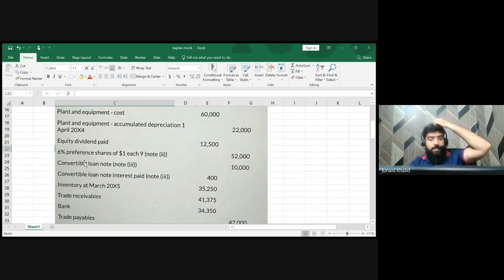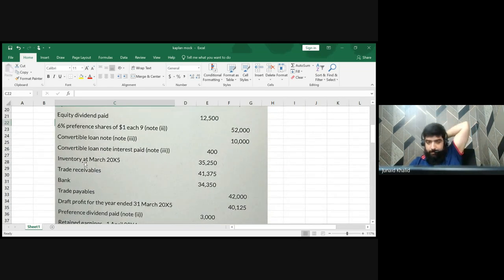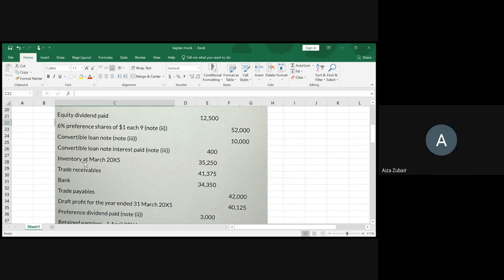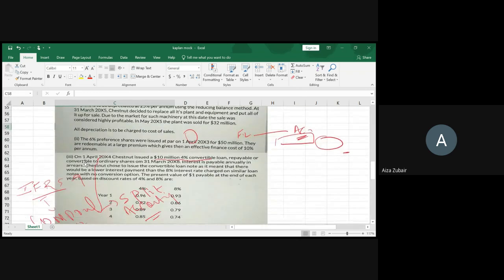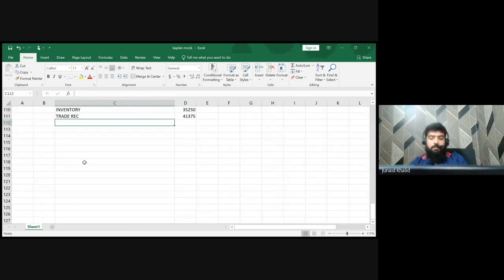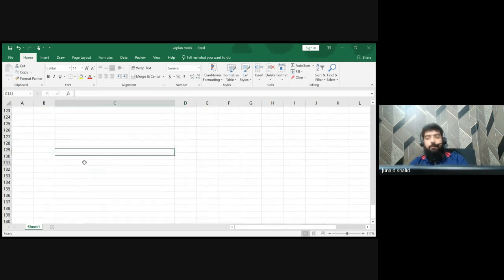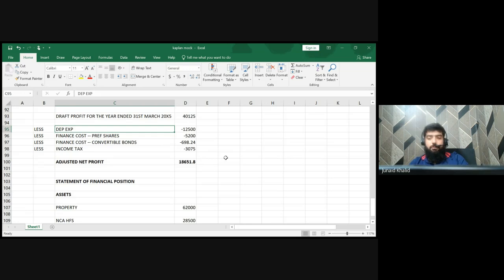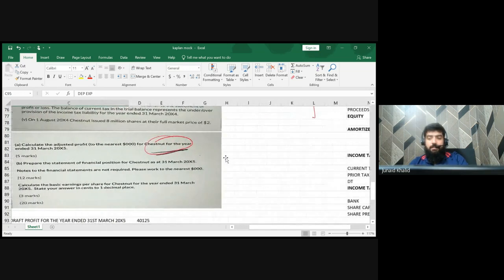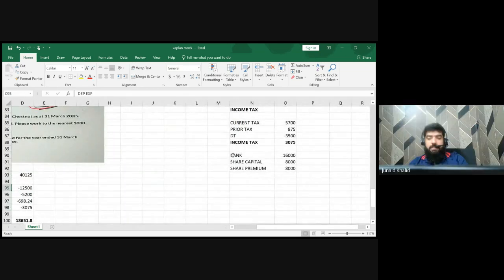Okay, great. Now, after trade receivables, what asset do we have? Bank, 34,350. But there is something else we need to account for. Since we have issued shares, you can see that the bank is debited by 16,000.